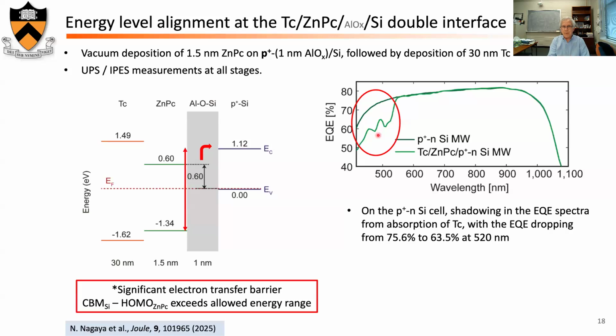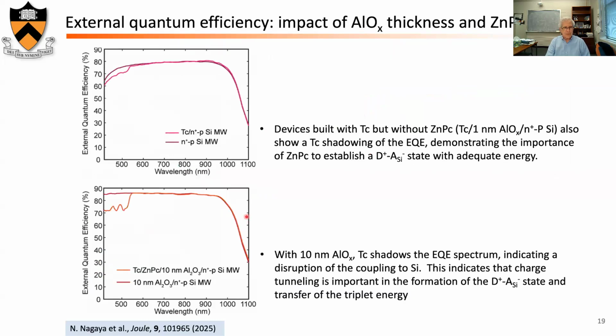So tetrazine absorbs some photons, but the triplets or the product of that absorption is not at all transferred to the silicon. So again, great importance of the electronic structure of the interface for this process.